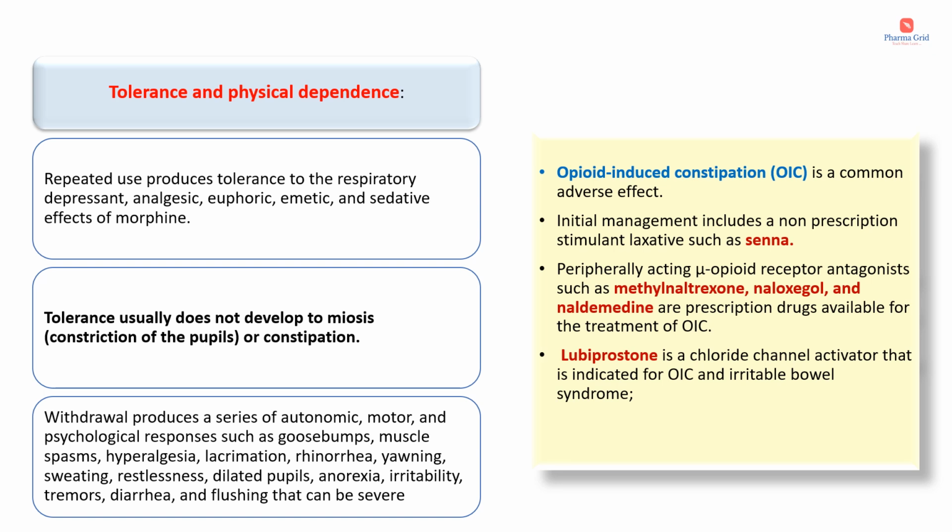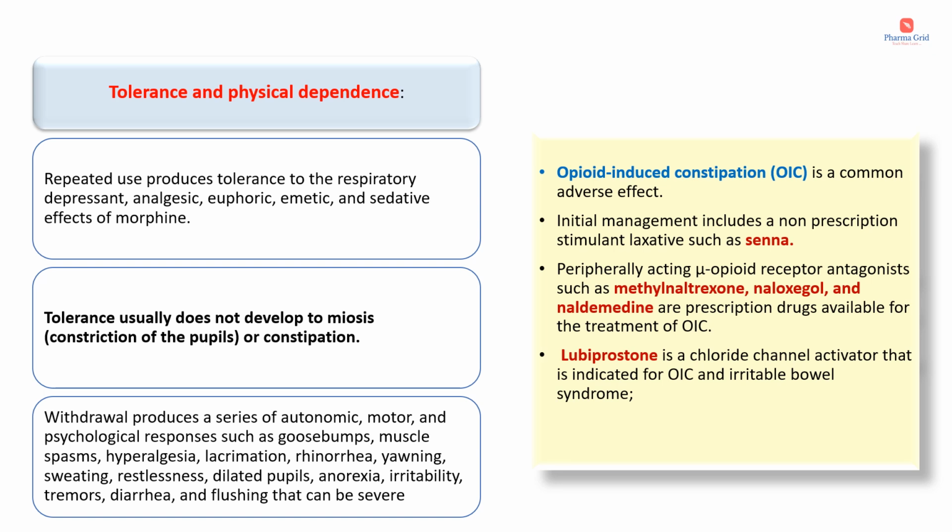Withdrawal produces a series of autonomic, motor, and psychological responses such as goosebumps, muscle spasms, hyperalgesia, lacrimation, rhinorrhea, yawning, sweating, restlessness, dilated pupils, anorexia, irritability, tremors, diarrhea, and flushing that can be severe. So these all are the withdrawal symptoms. Next, one of the most important problems is opioid-induced constipation, which is a common adverse effect.